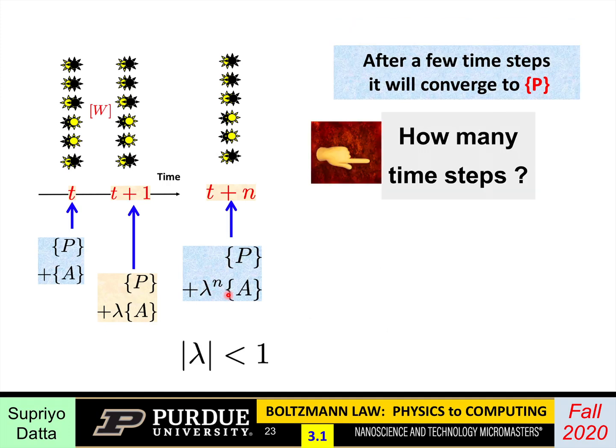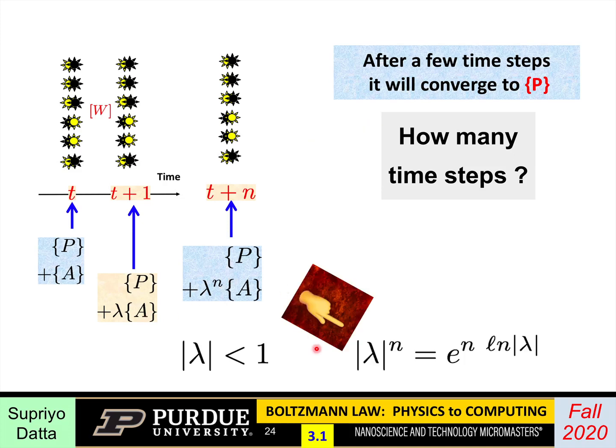Well, how many time steps does it take for these other components to disappear? You can estimate it this way: take lambda to the power n, and you can write it mathematically in this form. You can always write lambda as e to the power log lambda, natural log of lambda. That's an identity.